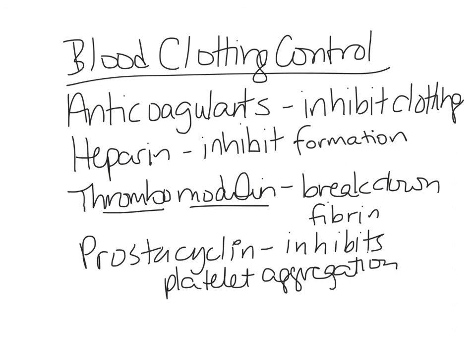A drug that's very much like prostacyclin is called aspirin. So aspirin prevents platelets from aggregating. So aspirin is going to prevent blood clotting. Right? So aspirin is going to be contraindicated in someone that's going into surgery, for example, because you're going to want them to clot and for those wounds to heal.